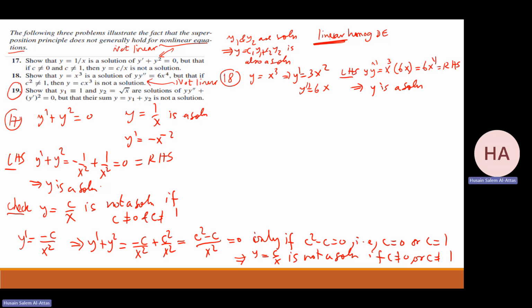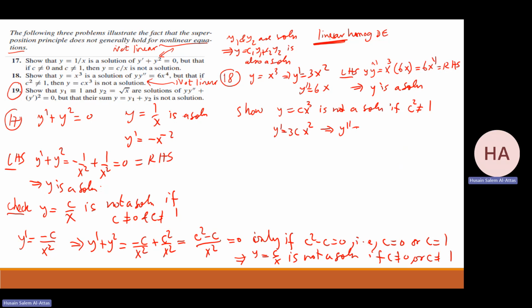So if c squared not equal to 1, then cx cubed is not a solution. Show y equal cx cubed is not a solution if c squared not equal to 1. Okay, let me check this. Y prime will be 3c x squared.